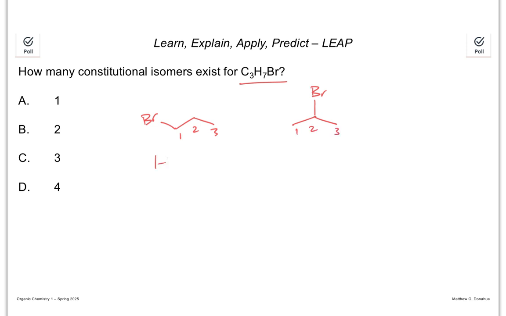So that's 1-bromopropane, or 2-bromopropane. You can't draw anything else without violating a Lewis dot structure. So that one's fairly straightforward.